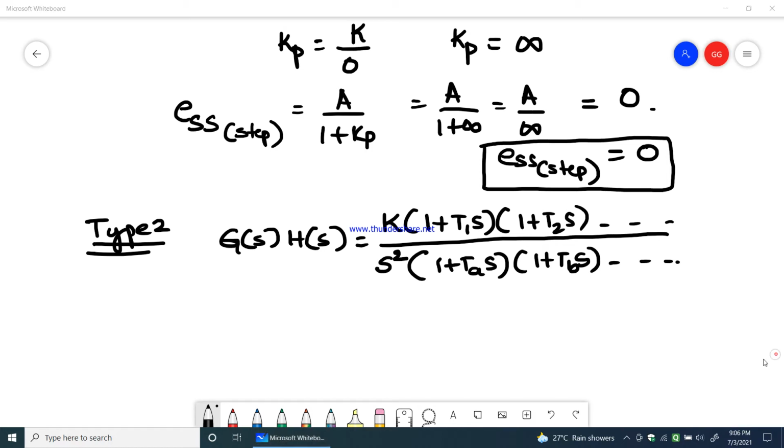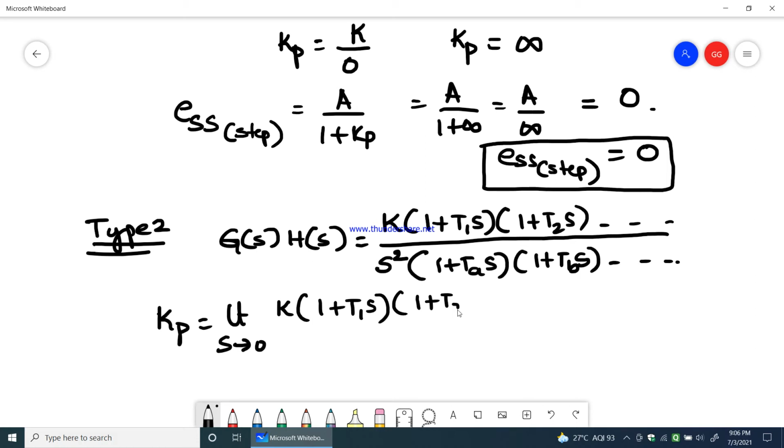So this is the equation for G(s)H(s) for a type 2 system. Therefore, Kp would be equal to limit s tends to 0 of K into (1 plus T1 s) into (1 plus T2 s) divided by s square into (1 plus Ta s) into (1 plus Tb s).